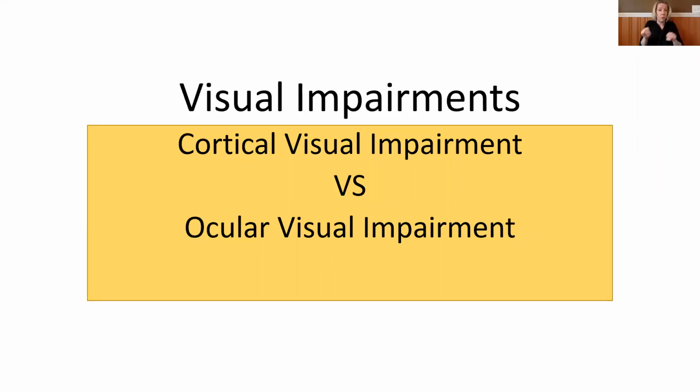I think there's still a lot of confusion about the similarities and differences between cortical and cerebral visual impairments. For this purpose today, we're going to strictly talk about CVI as cortical visual impairment and the impact that it causes our students in the use of their functional vision, but that might be a great topic for another webinar. Thank you.